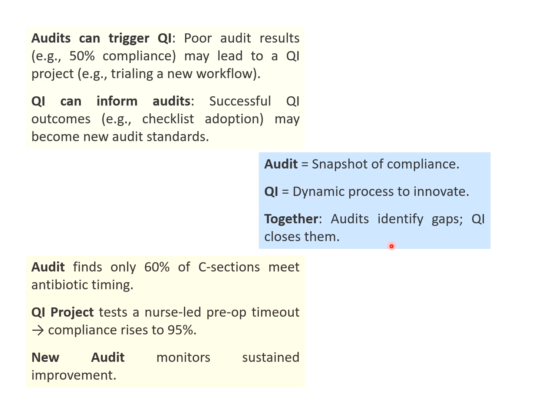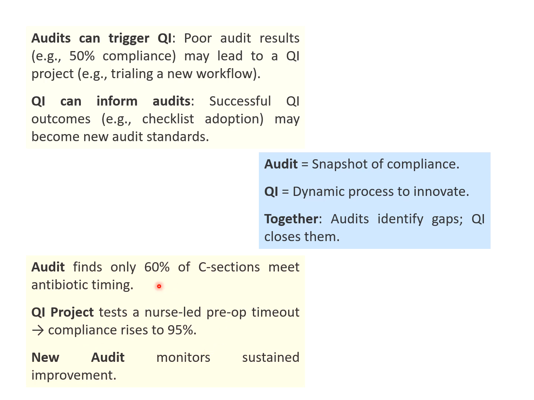If you are running an audit, that ultimately can trigger a QI, and QI is a dynamic process that innovates and closes the loop, while audit identifies the gaps. So if an audit finds that only 60% of C-sections meet antibiotic timing, the QI project tests a nurse-led pre-op timeout, and compliance rises to 95%.